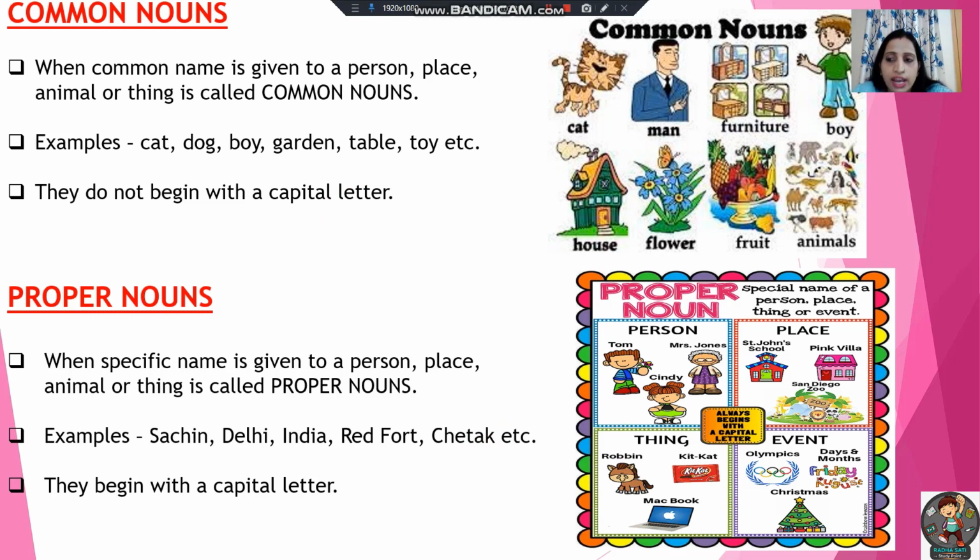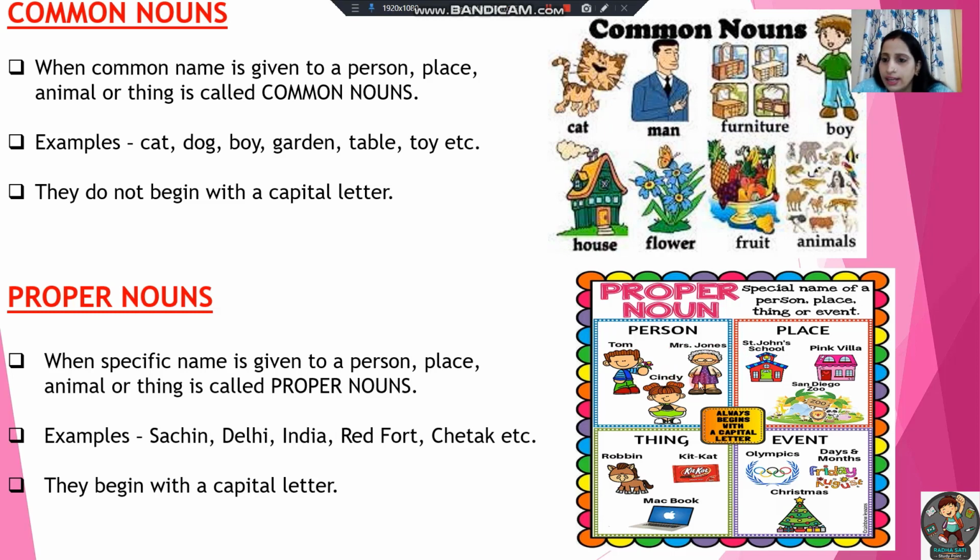But if I give the name to the horse as Chetak, अगर उसका कोई special name है Chetak, then that will be our proper noun. Always remember that when we give a special name to the person, place, animal or thing, that is known as a proper noun. You can see here in this picture, these are some examples of proper nouns. Here are some names of the person: Tom, Mrs.